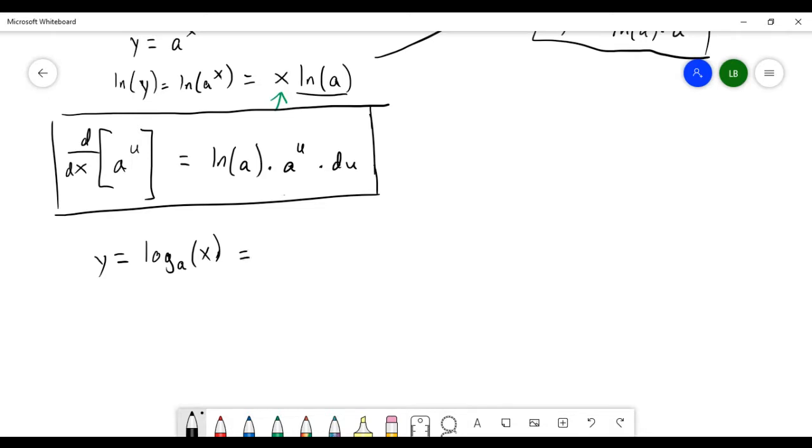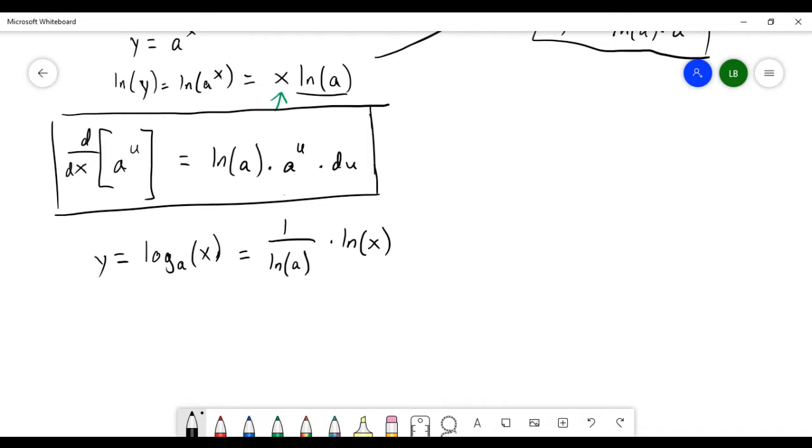In this case, something you may not know is that log base a of x is 1 divided by the natural log of the base times the natural log of what's inside.